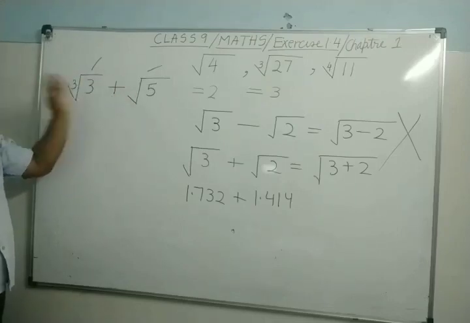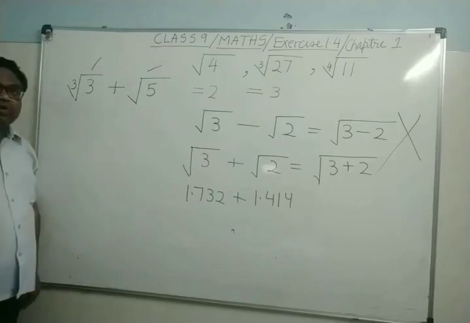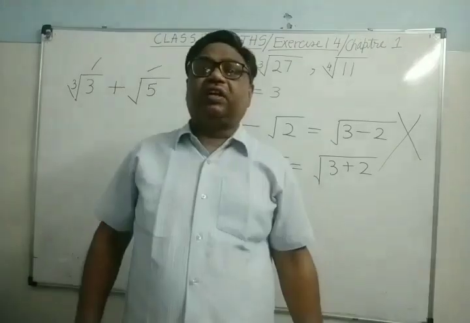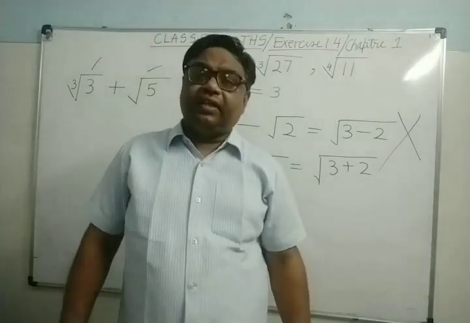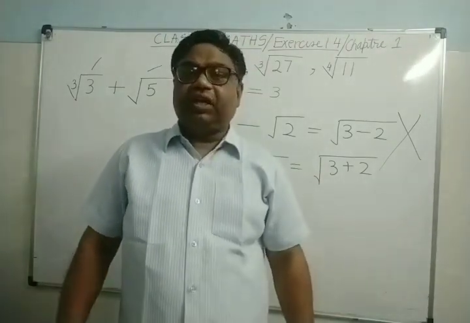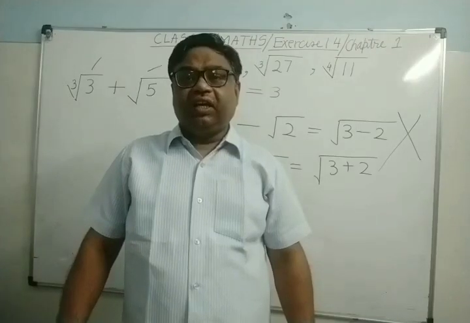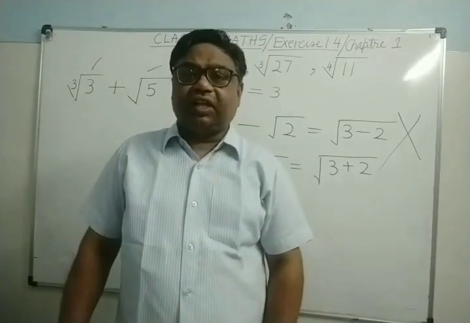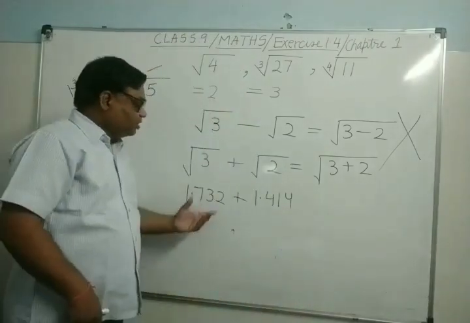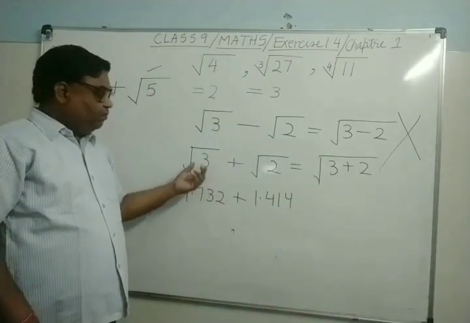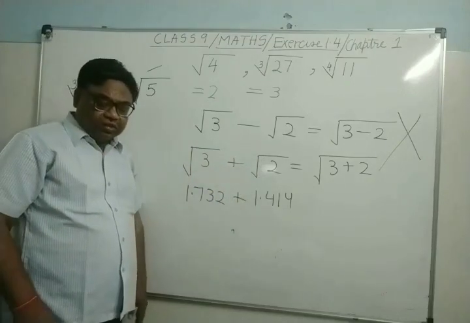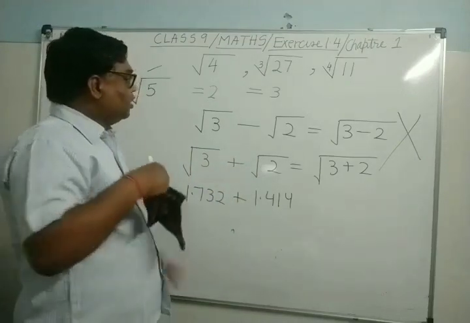It cannot be simplified. So surds, whether of same order or different order, we cannot perform addition and subtraction while keeping the surd signs. We can simplify only when we find their values and then do the simplification. So this is rule number 1.